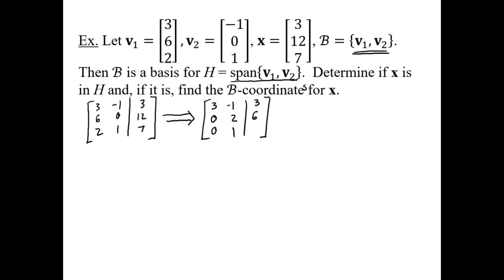Wait, hold on a second. Top by 2 and the bottom by... I'm sorry, -3. Top by 2 and bottom by -3. And so this should be -5. And then top by 2 would be 6. Bottom by -3 is -21. -21 plus 6 is -15.